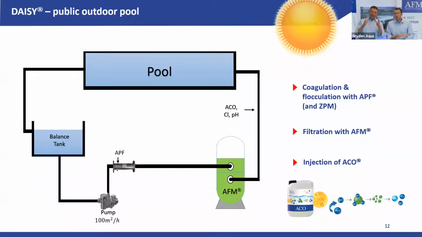And if you add some ACO, you amplify this process. So no need to do anything else. You don't need ozone, you don't need UV. To use UV in an outdoor pool is completely senseless. Don't need carbon, nothing. For outdoor pools, that's easy. But again, often you see UV on an outdoor pool. This makes no sense.